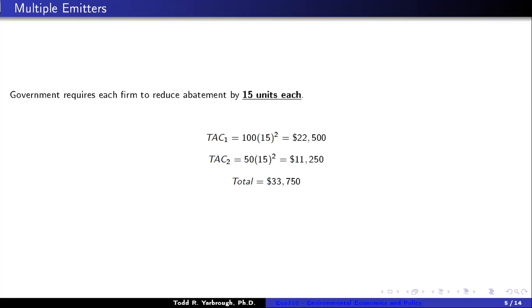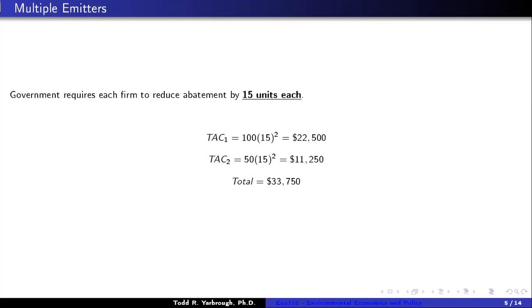Well, we can compute the cost of this by simply plugging in the abatement costs for each firm, and we can see that the total abatement cost is equal to $33,750. Now, this is cognizant of the fact that the two individual firms have their own unique cost functions. So the baseline cost to reduce pollution by 30 units is going to be $33,750.